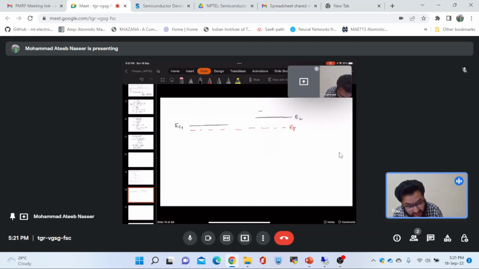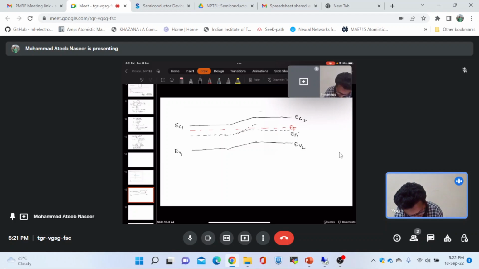Since the material is the same, the band gap will remain the same, and thus this will have the band bending that will be occurring over here. So we will be having a band structure like this. If now I draw the intrinsic Fermi level EFI as well, this is EV2, this is EC2.